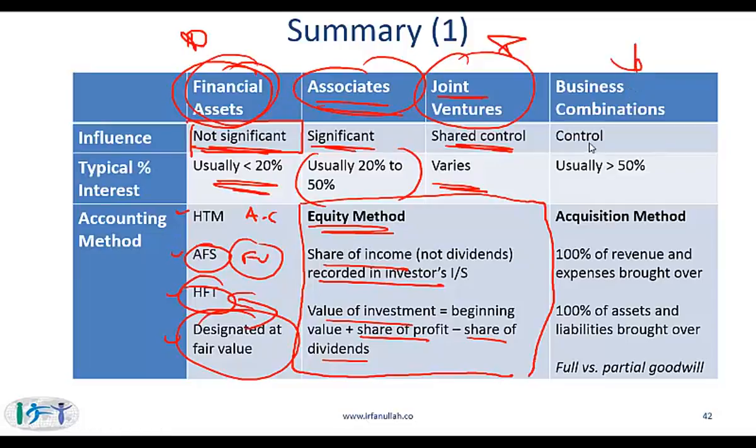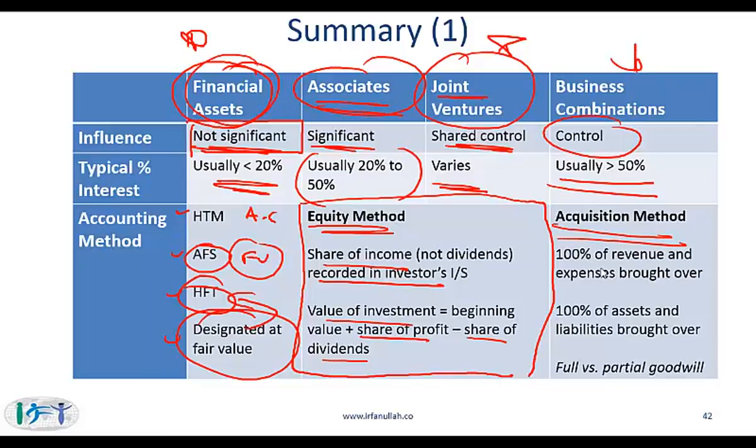Then we can have business combinations where the investing company has control over the operations of the investee. This generally means an interest of greater than 50%, and the accounting method used here is the acquisition method. With the acquisition method, there needs to be 100% consolidation.